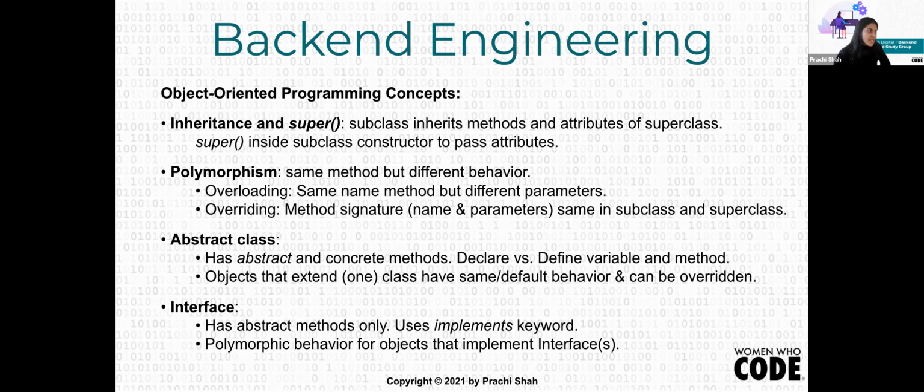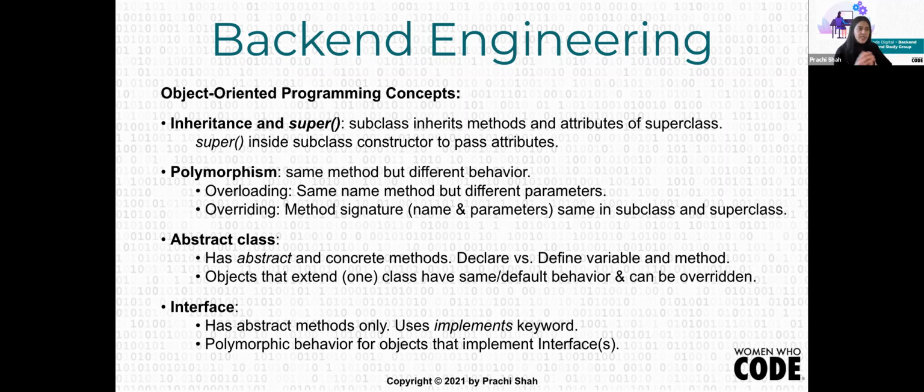For an abstract class, we use the abstract keyword. Abstract classes can have concrete methods, and you can declare as well as define variables and methods. The reason the class is called abstract is that in a normal class, you declare and then you define the behavior, whereas in an abstract class you can only declare.